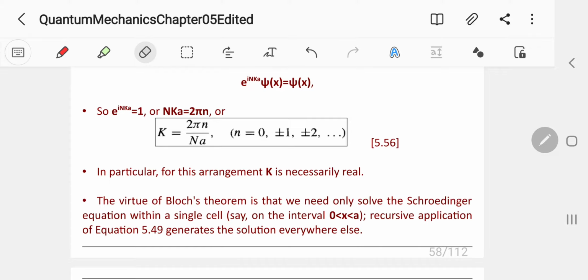So k is a real number here, not an imaginary one.